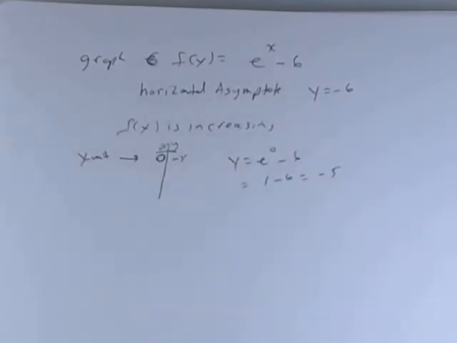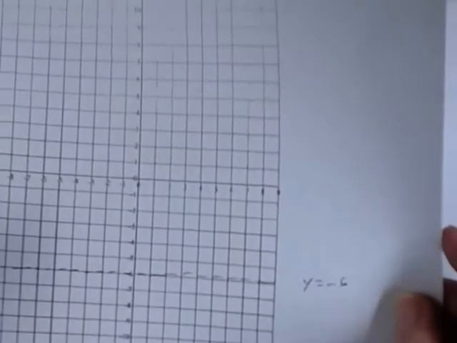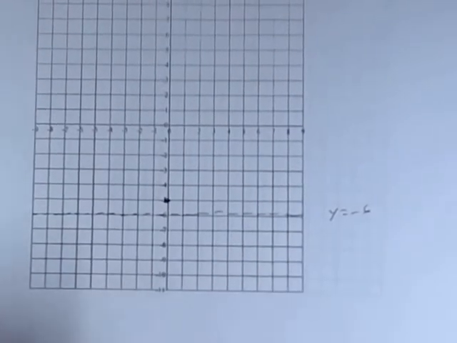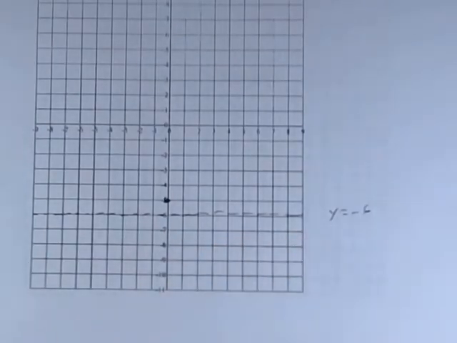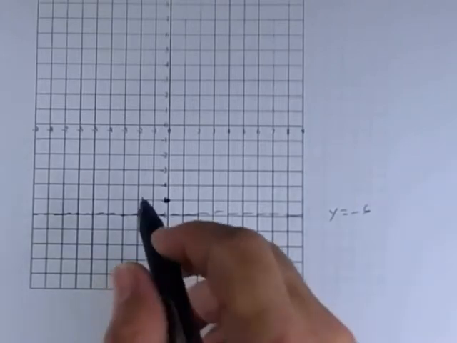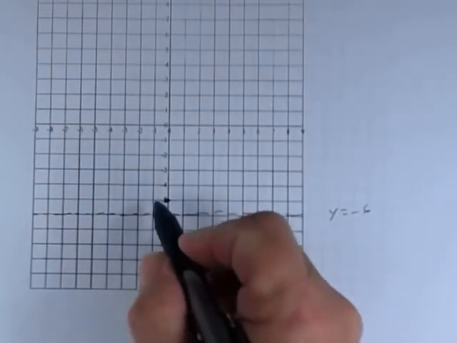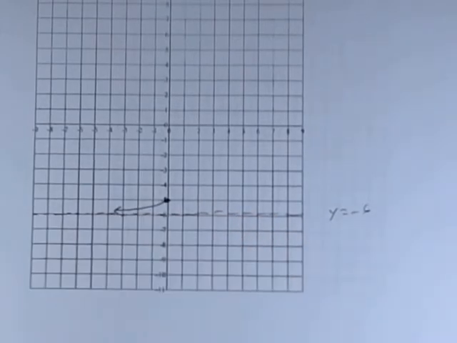Okay, so I plot the point 0, -5. And notice what happens when I plot the point 0, -5. Here is 0, -5. You could tell me which side of this my graph is going towards the horizontal asymptote. The left side. Because this was what kind of function? Increasing. That was an increasing function. So on this side, you know it does this. Okay? Now give me another number for x.